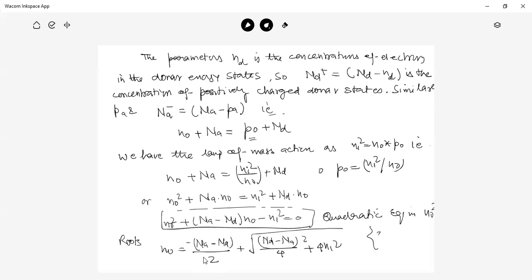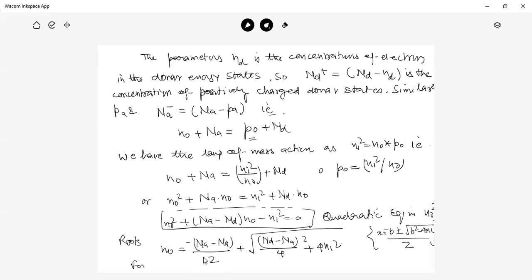This is from x equals minus b plus or minus under root b squared minus 4ac divided by 2.